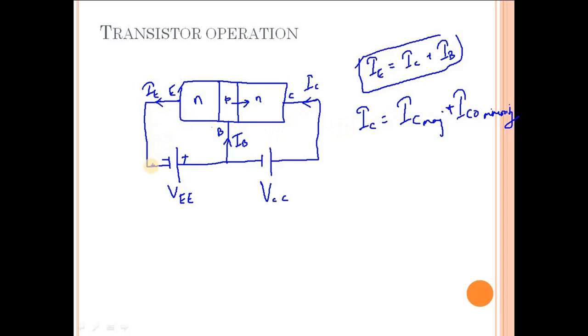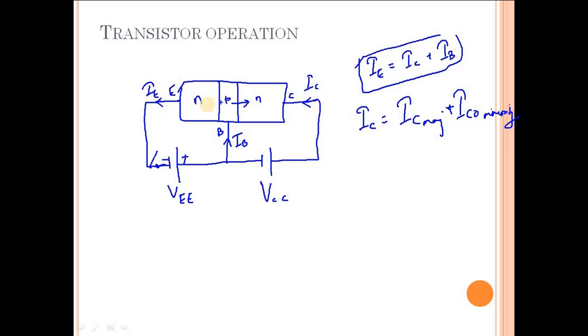Or you can say, if we place a switch over here and this switch is open circuit, or this VEE is absent, that means there is no VEE to push the majority electrons from N to P.